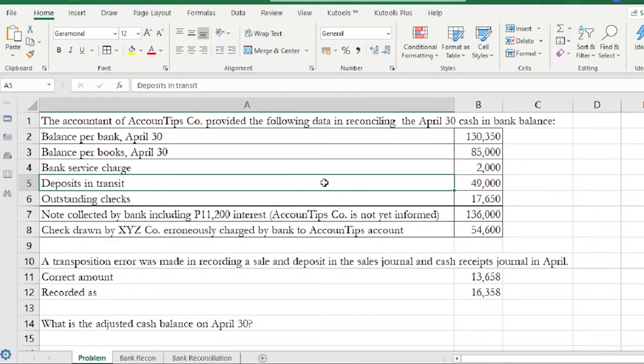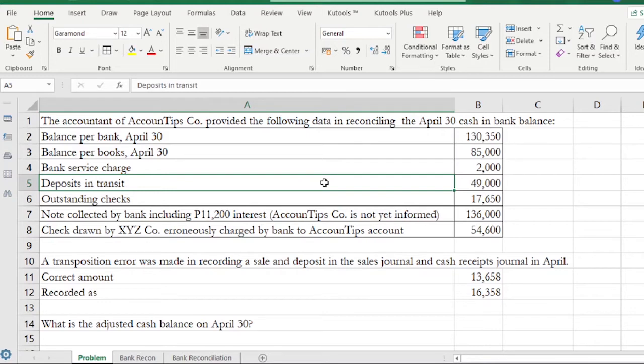Now, these deposits in transit pertain to the deposits made but not yet credited or recorded in the depositor's bank account. Since these deposits are unrecorded by the bank, we have to adjust this in preparing for the bank reconciliation statement.